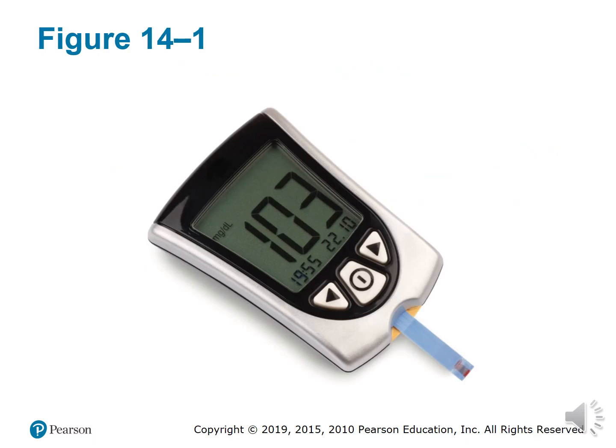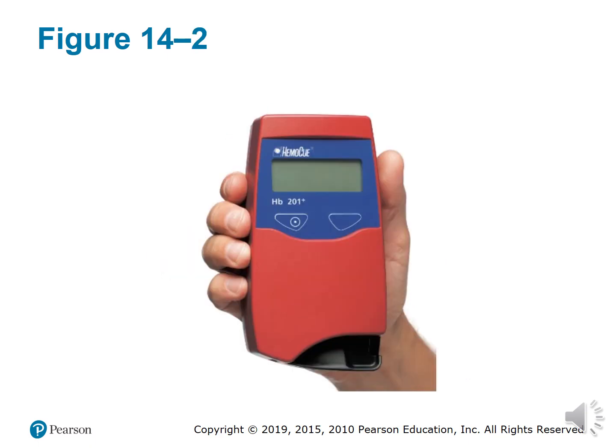The one that is shown right here in figure 4.1 is the blood glucose monitor. That's the most common one we see. It's a little different from the one that we have, but it's the most common one you see. Now this one in figure 4.2 is called the HemoCue Glucose 201 Analyzer.